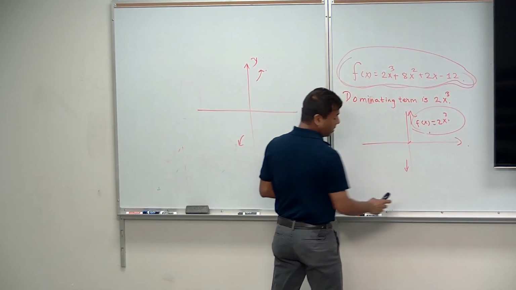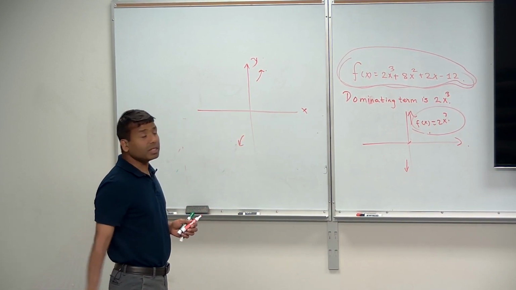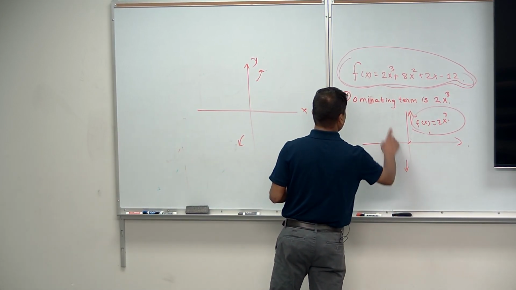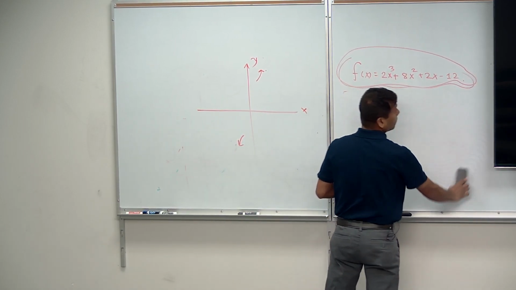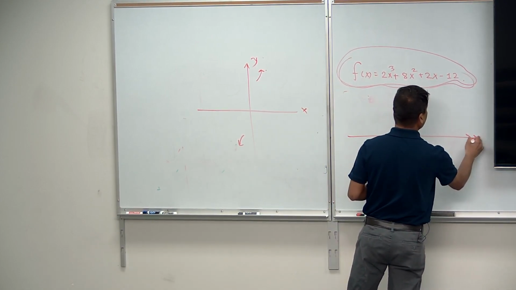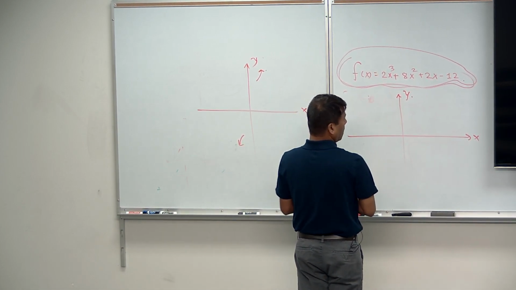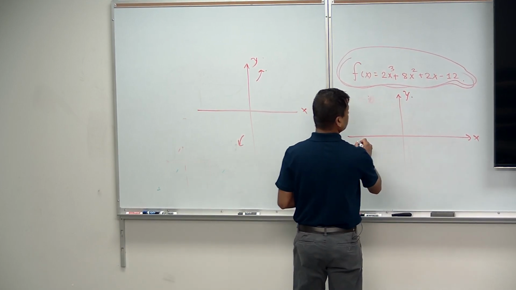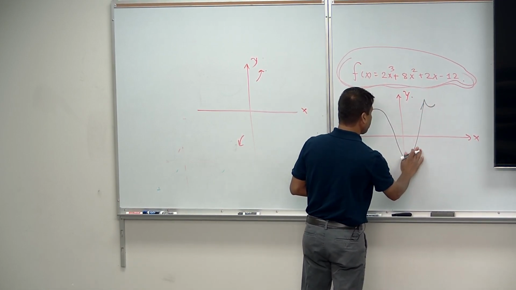So look at the slides, guys. This is the graph of this function. If you draw the graph, this is your x-axis, this is your y-axis, and the graph of this function is something like this.